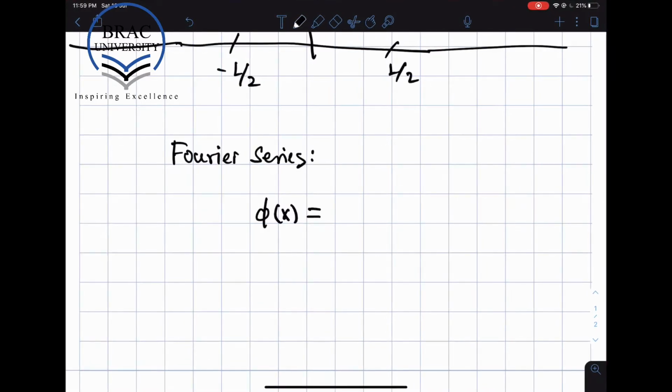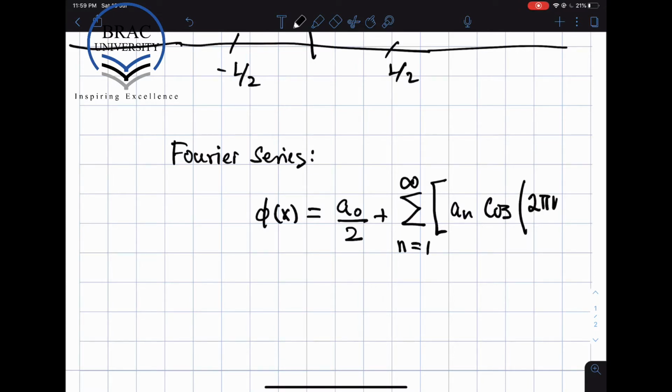It may have a constant part, and then it'll be given by an infinite sum. There'll be an even part which is given by the cosine of 2 pi n x by L, and then a part which would be the sine part, the antisymmetric part.